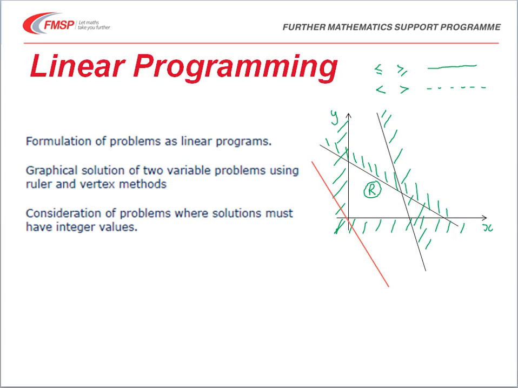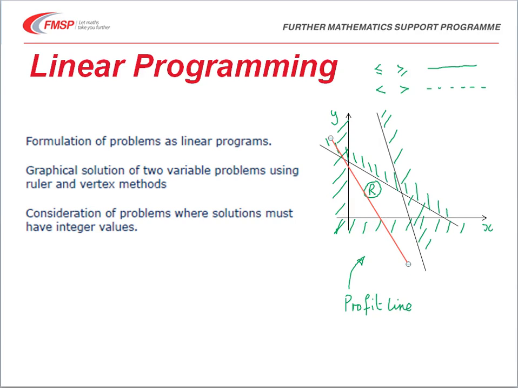Within the question we'll then have some information which will allow us to draw what's called a profit line, and by considering that line we can then determine where the maximum profit, or minimum cost if we're looking at a cost question, will occur. We do that by moving the profit line through the region and looking at which point it reaches finally.